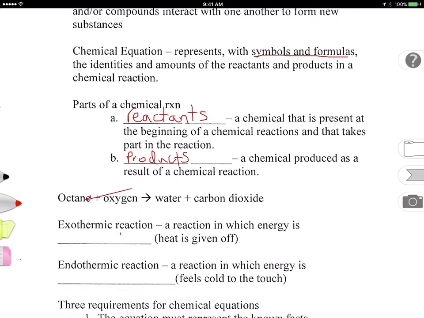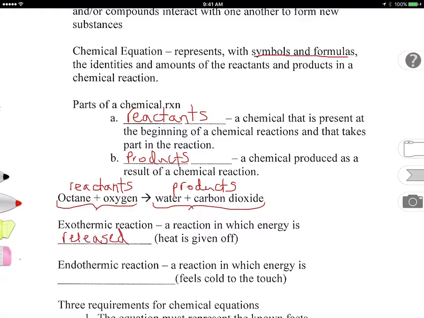Now in this example here, the octane and the oxygen, those are going to be your reactants. They're in the beginning part. Sorry, I spelled that wrong. And at the end, we're going to end up with our products, the water and the carbon dioxide.